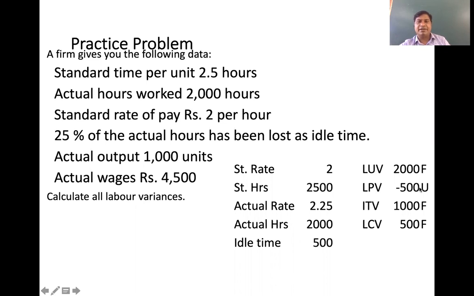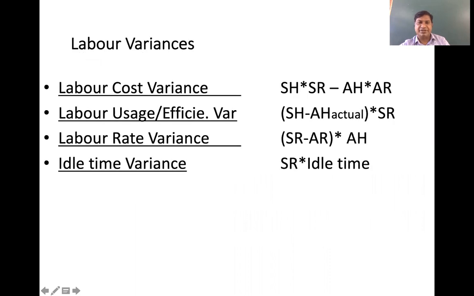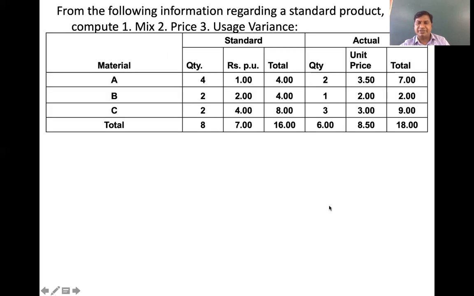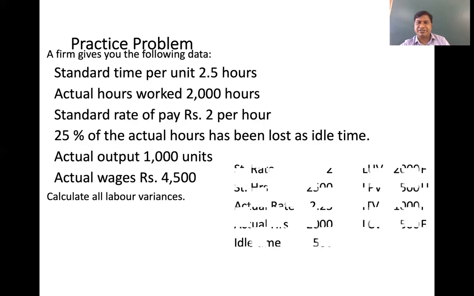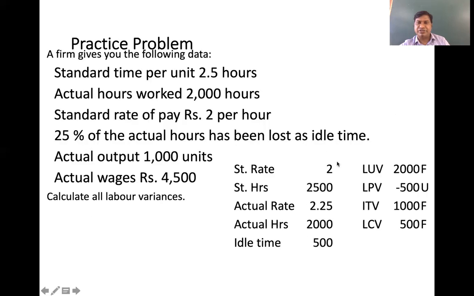Then idle time variance. What's the formula for idle time variance? Idle time variance is equal to standard rate multiplied with idle time. The standard rate in this problem is 2. And the idle time given is 500, since 25% of the actual hours have been lost as idle time.